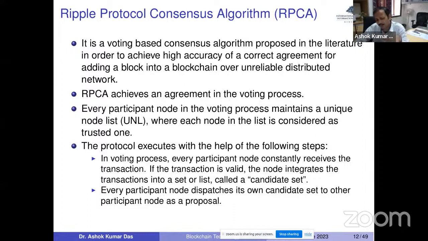Now these transactions will be checked for validity. If a transaction is valid, it will be integrated into a set or list known as the candidate list. After a certain period of time, each participating node will dispatch its own candidate list to the other participating nodes as a proposal.